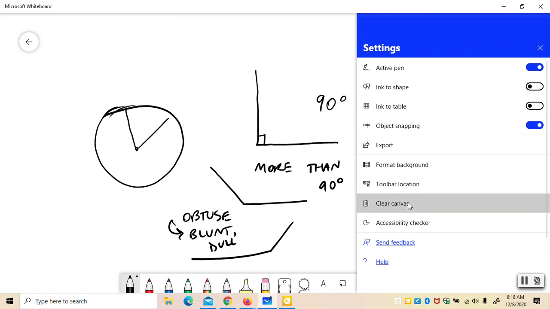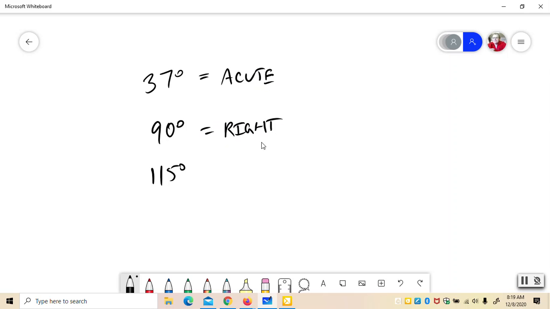So if I gave you a bunch of angles and I told you to classify them for me, well, 37 is less than 90 degrees, so we call that acute. 90 is a right angle because a right angle has 90 degrees.